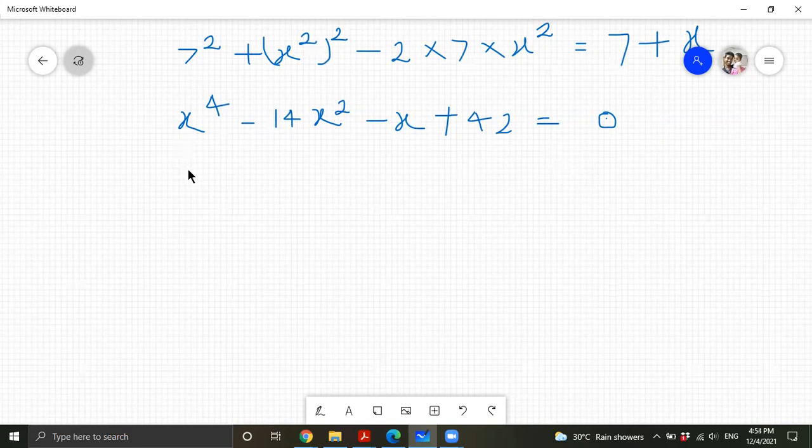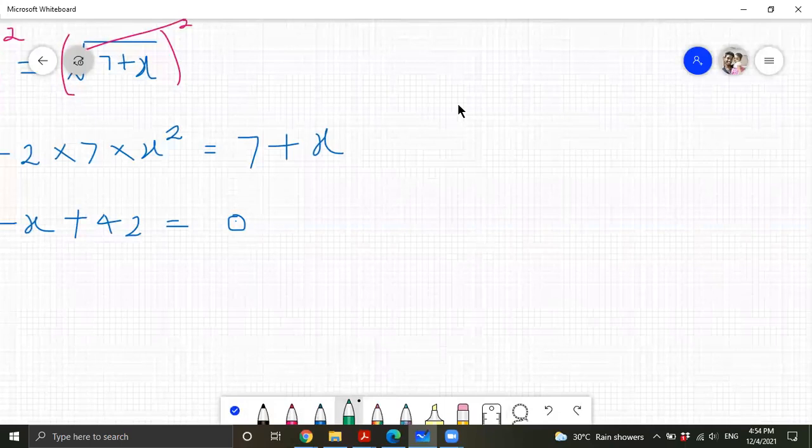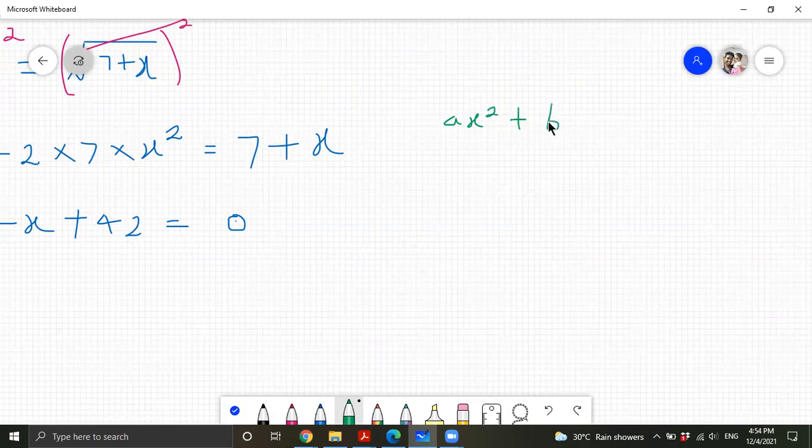But we know how to solve x squared term, right? So let me write that. Suppose we have a quadratic equation like ax squared plus bx plus c is equal to 0.